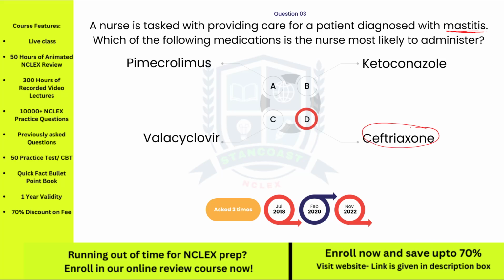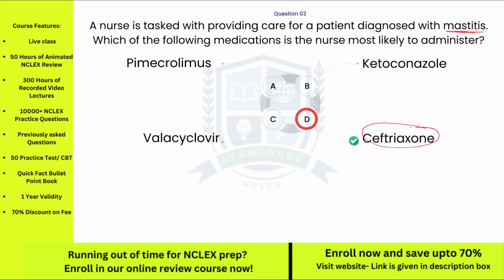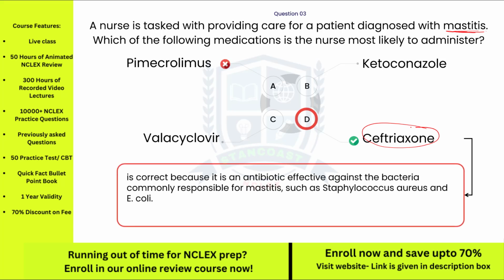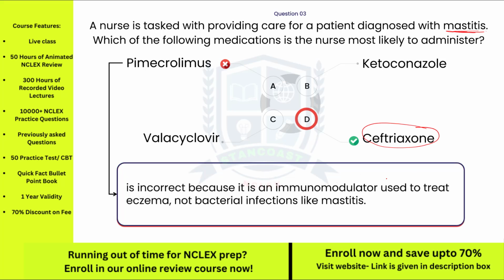Ceftriaxone. Option D is correct because it is an antibiotic effective against the bacteria commonly responsible for mastitis, such as Staphylococcus aureus and E. coli. Option A is incorrect because it is an immunomodulator used to treat eczema, not bacterial infections like mastitis.